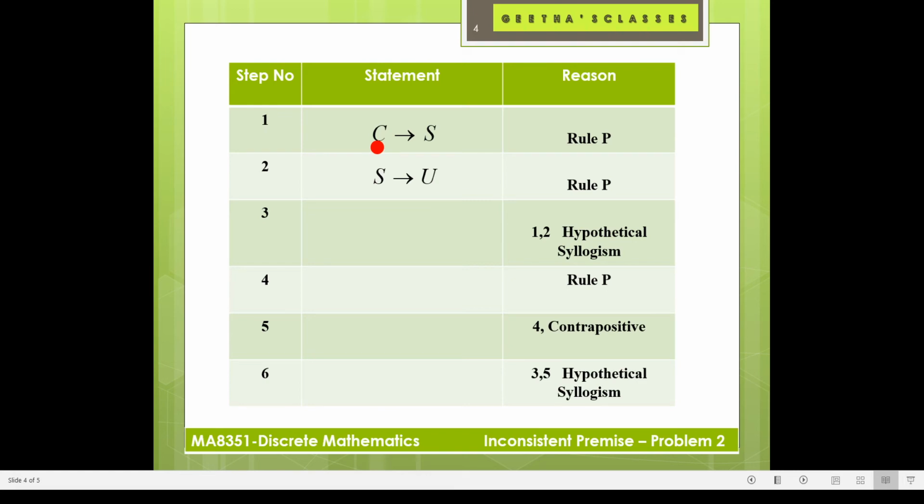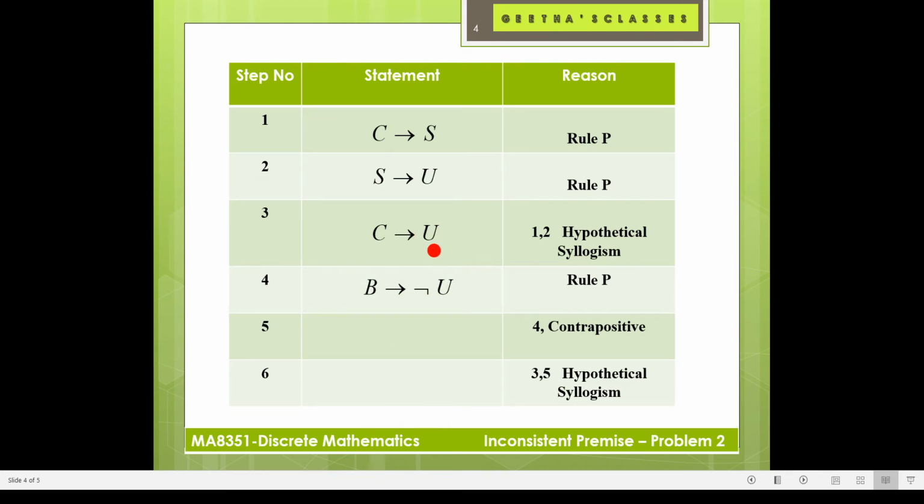If you combine C implies S and S implies U, you can write C implies U. This is by hypothetical syllogism, combining step 1 and step 2.